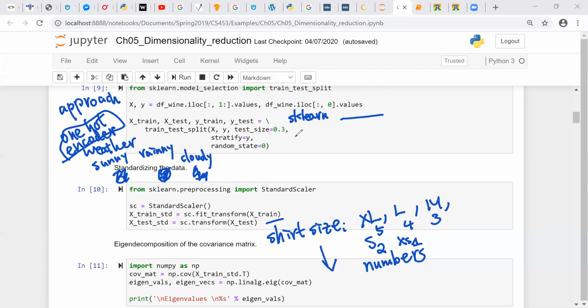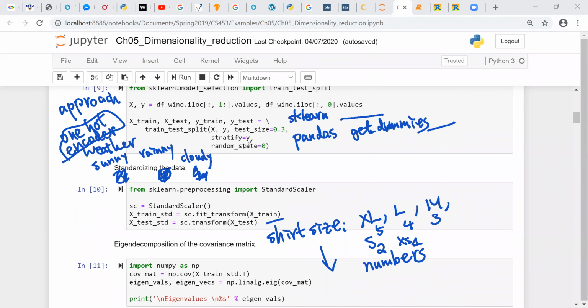And in pandas, you can also call the method called get_dummies. It can also directly do the one hot encoding. So what is one hot encoder?